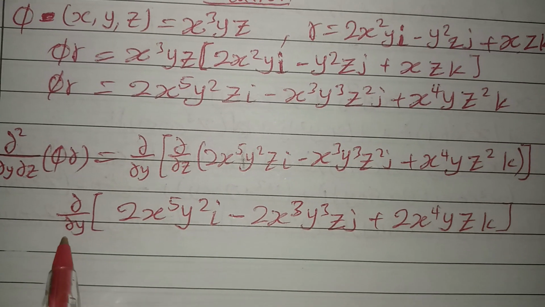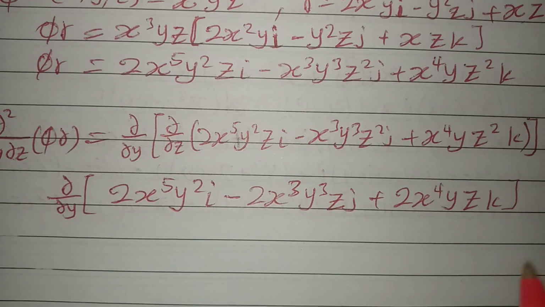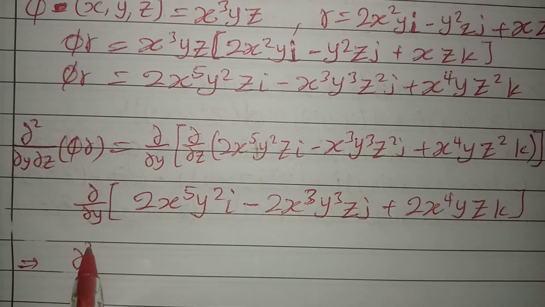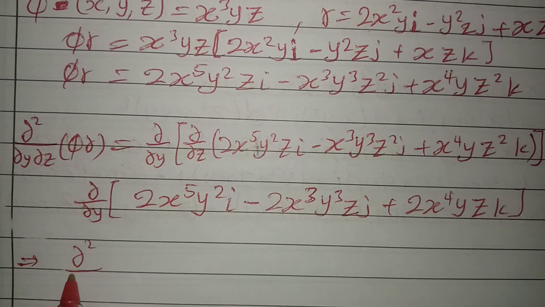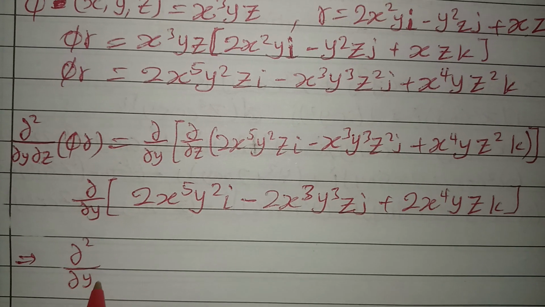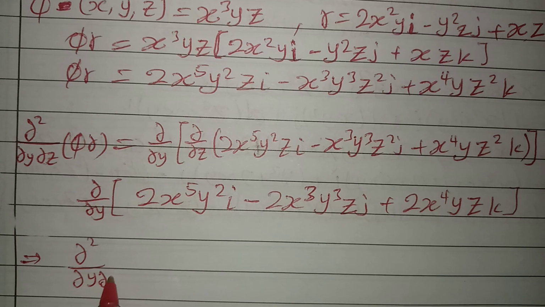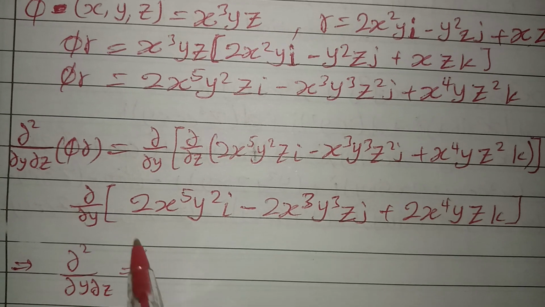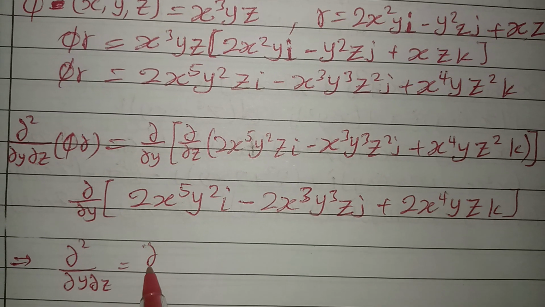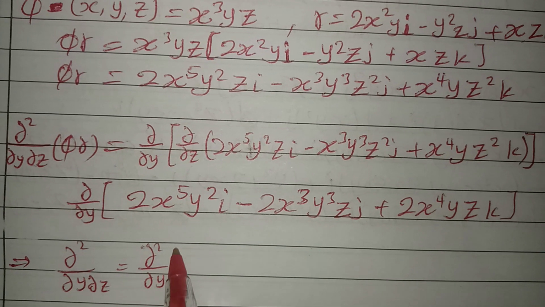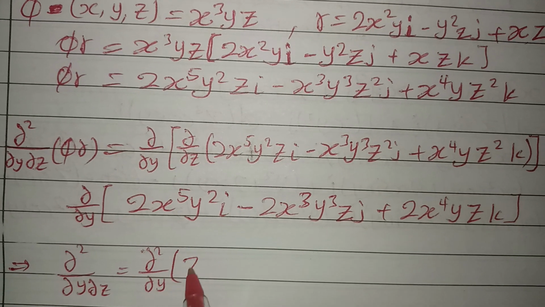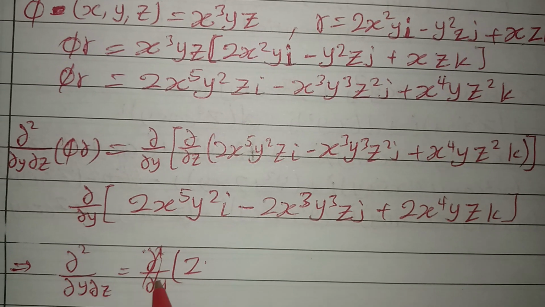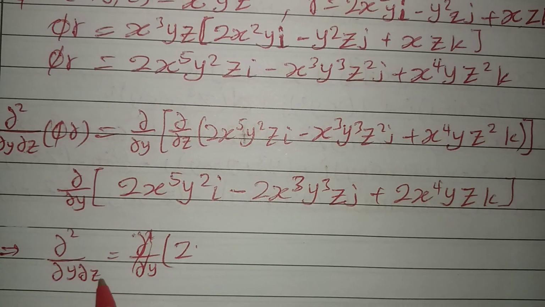The next step is to differentiate this again partially with respect to y, and that will be ∂² of ∂y ∂z. This will simply give us ∂/∂y of this.